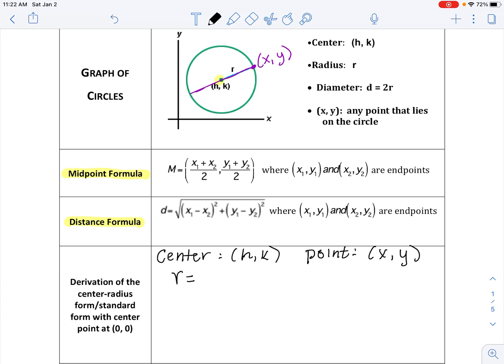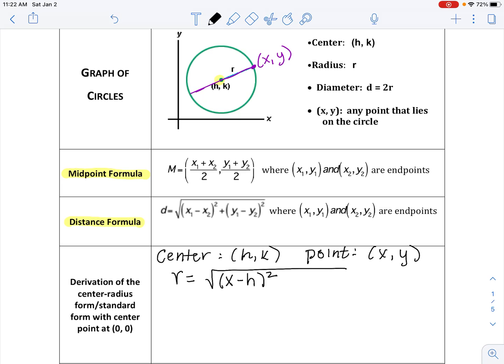So let's go ahead and use the distance formula and set up what that equation would be. So R equals the square root of X minus H squared. So you can think of the point as X1, Y1, and the center as X2, Y2. But we're going to go ahead and use H, K because that's always the identifying point for the center.